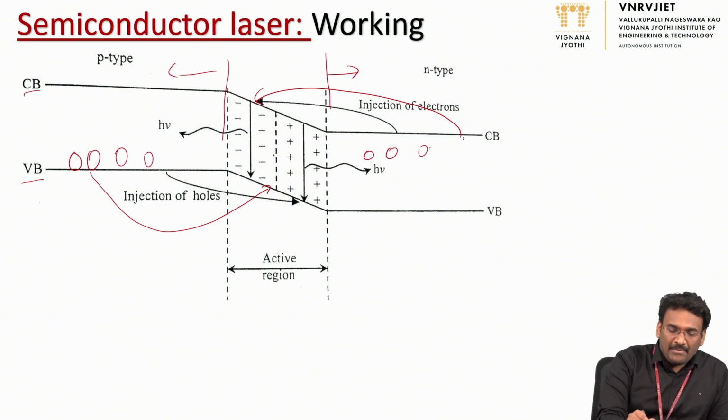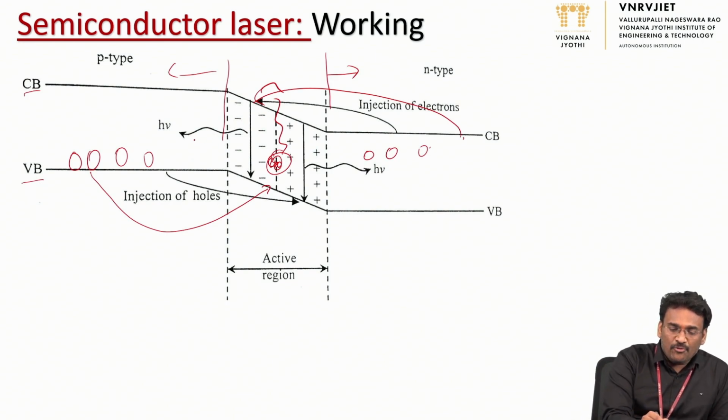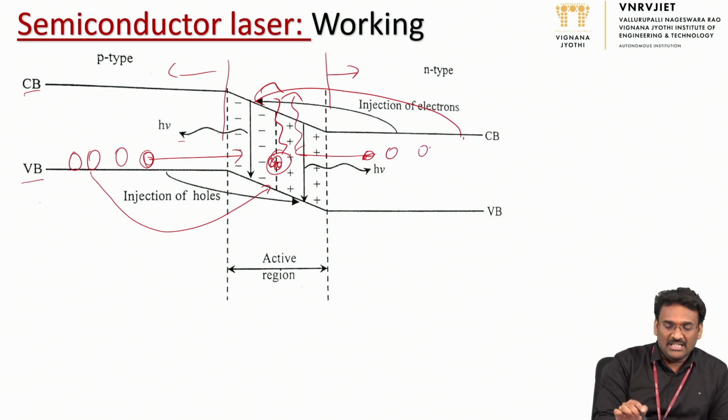As a result, a hole from the p region and an electron from the n region join here and emit a photon. This emitted photon pushes another hole towards the junction, and if the photon moves this side, it pushes an electron to the junction. As a result, one more recombination comes into the picture. This acts like stimulated emission in the case of semiconductor laser.